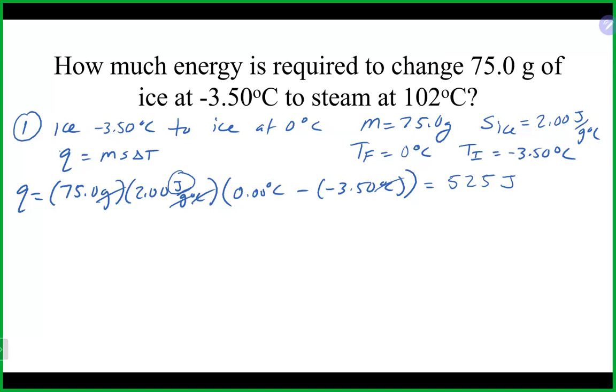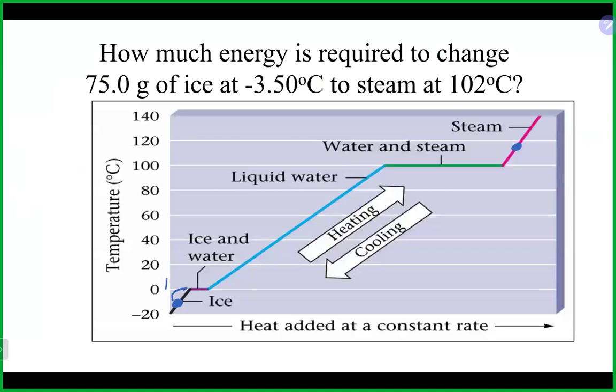That moves us now to, if we follow on our curve here, the next step: we are sitting right here at ice at 0 degrees Celsius. We actually have to do a phase change and take it from ice at 0 degrees to liquid water at 0 degrees.